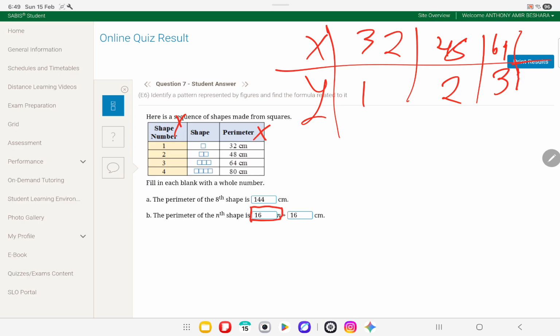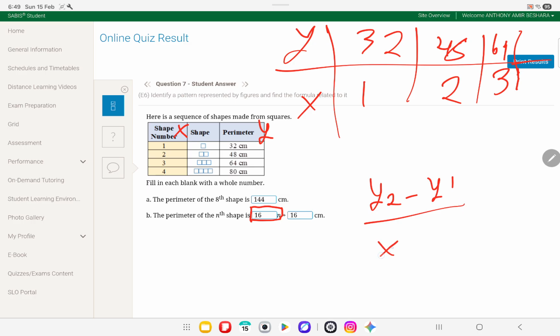So how do we find the thing that you multiply by? We put the big number as y and the small number as x to make it easier for ourselves. So it'll be the bigger y, which is y2 minus y1 over x2 minus x1.